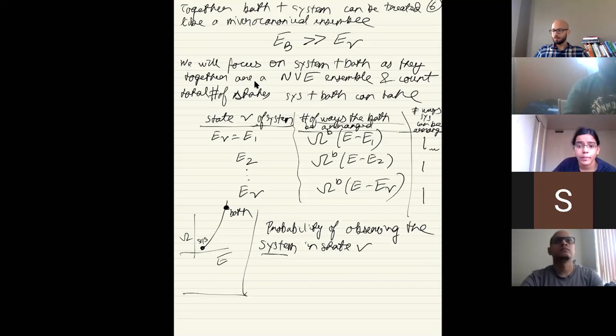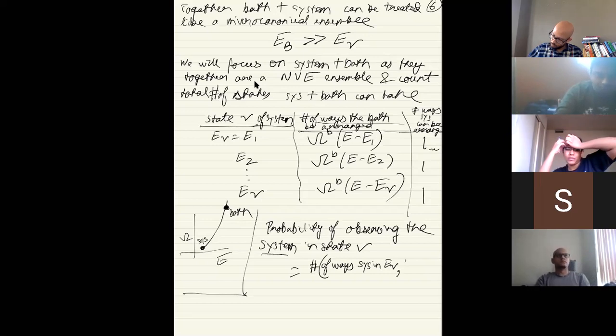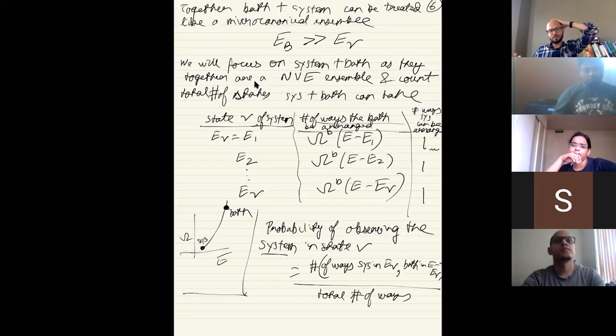That will be the number of ways you can arrange the system in E nu, bath in E minus E nu, divided by the total number of ways. That's probability, right? This is subtle but simple.